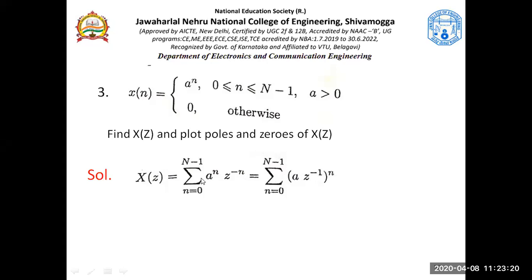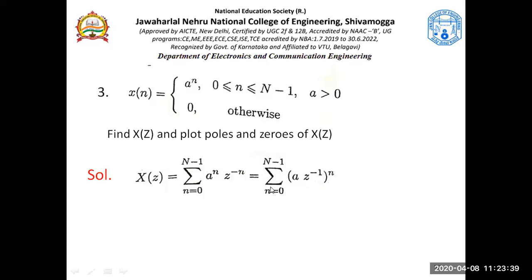Now, since there is n common in the power, we combine this a and z inverse, and we take this power n out. So it looks like this. Now, if it is an infinite sequence, we were able to understand what to do.